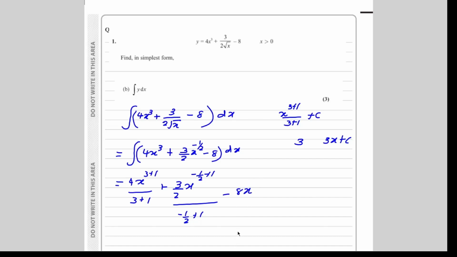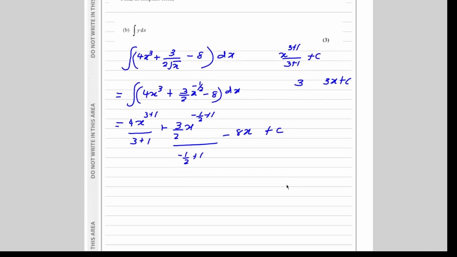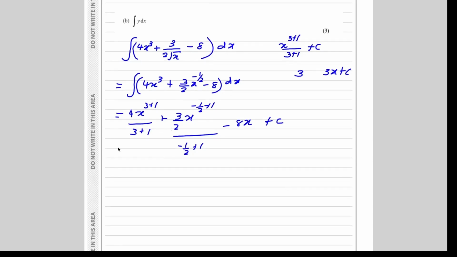So plus c. You have to write c. Okay, let's simplify now. The final step: 4x to the power 4 divided by 4, plus 3 over 2 x to the half divided by half, minus 8x plus c.